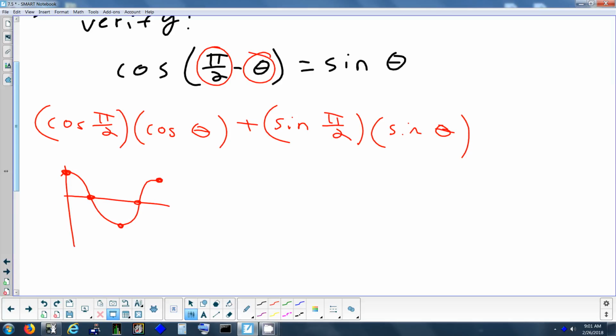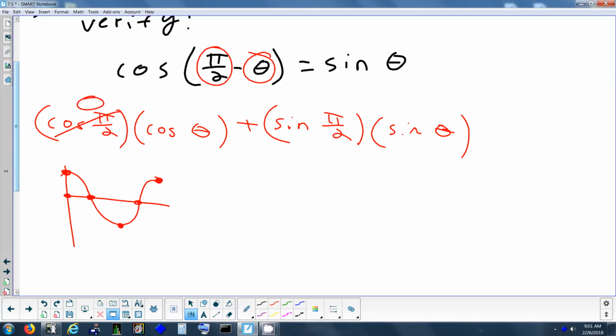Yep. The cosine of 0 is 1, and then the cosine of 360 is also 1. This is 0, pi over 2, pi, 3 pi over 2, and 2 pi. So the cosine of pi over 2 is 0.